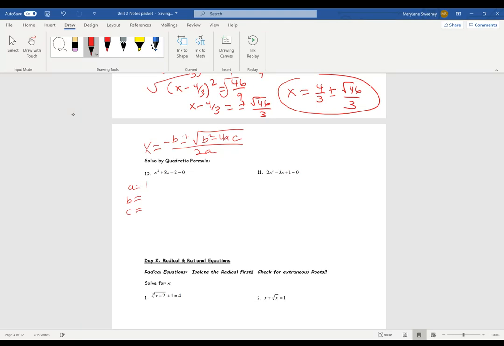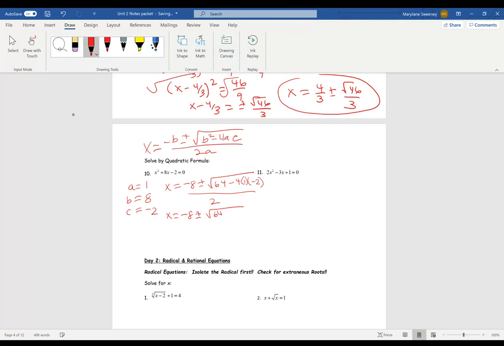So a is 1, it's the coefficient of the x squared. b is 8, c is negative 2. So x equals negative b plus or minus the square root. I usually automatically do b squared. So 8 squared is 64 minus 4ac all over 2a.